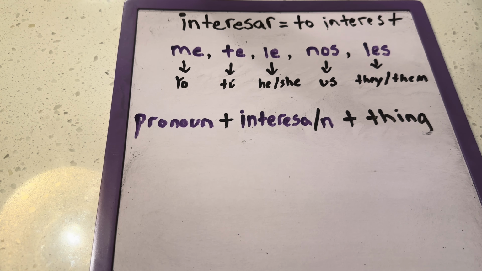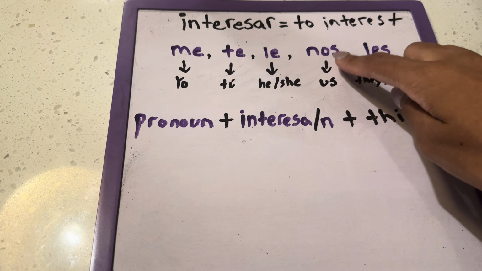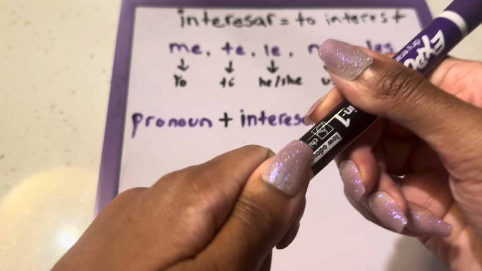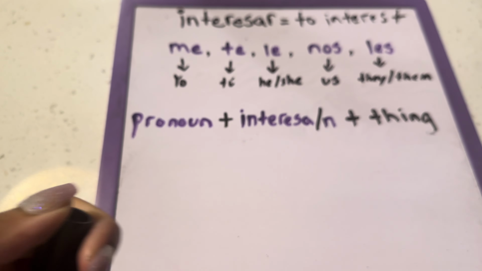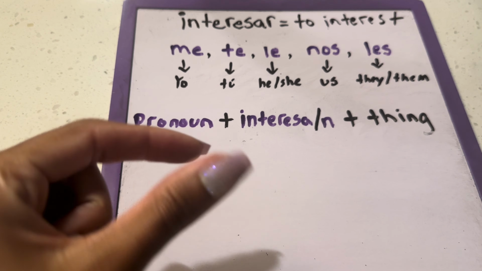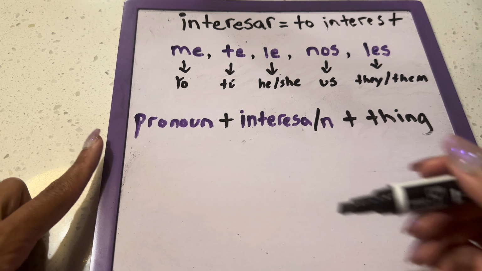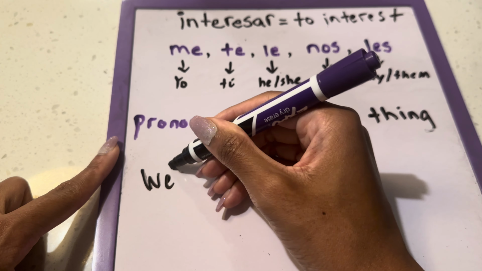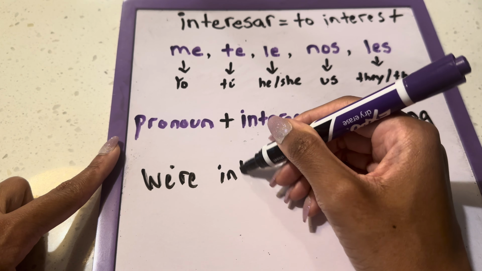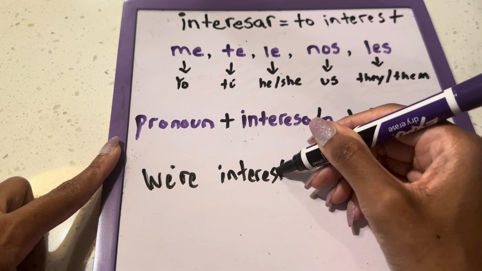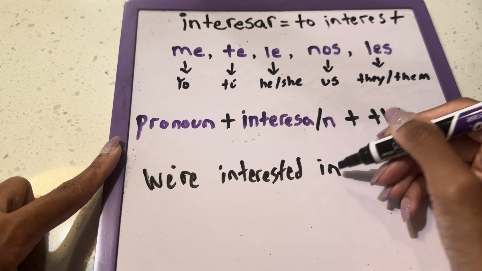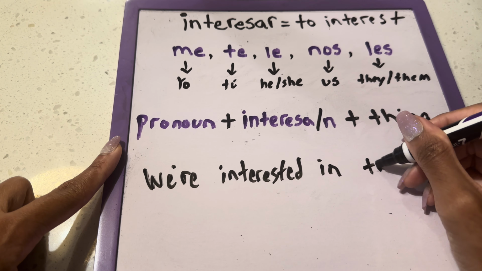Let's see. Okay. How about we do one about we? What if I want to say, and I'll put it in English first, so we can do some reverse translations, we're interested in traveling.